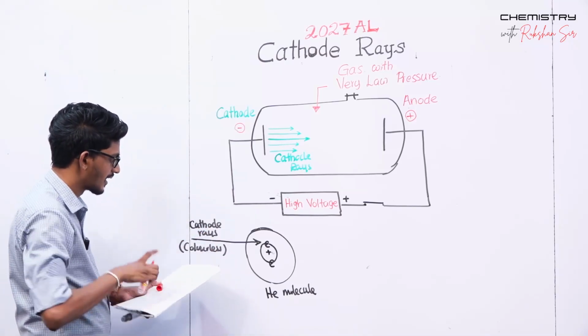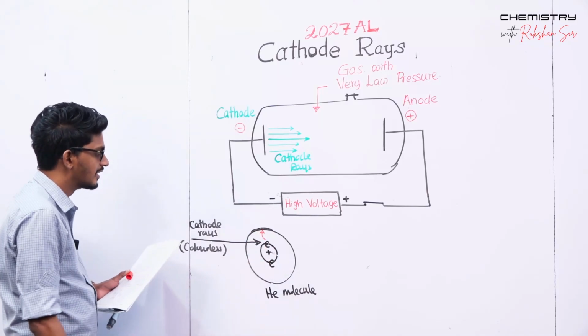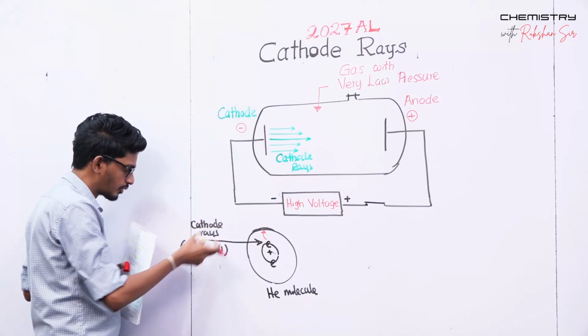The electron will grab the energy supplied by the cathode rays.